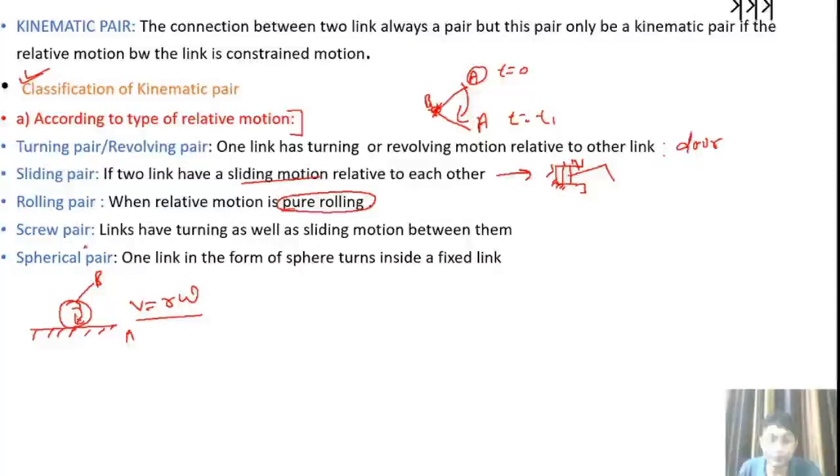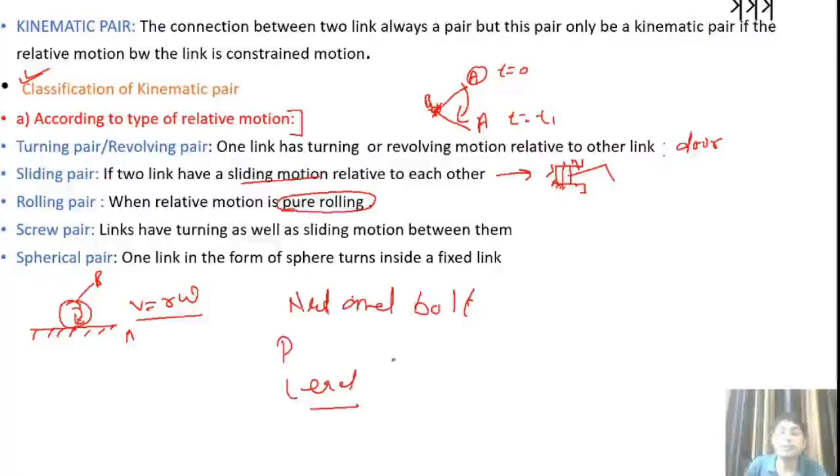Screw pair, links have turning as well as sliding motion between them. If two links have turning as well as sliding, for example nut and bolt, what will happen? You know pitch and lead. You must have heard about pitch and lead.